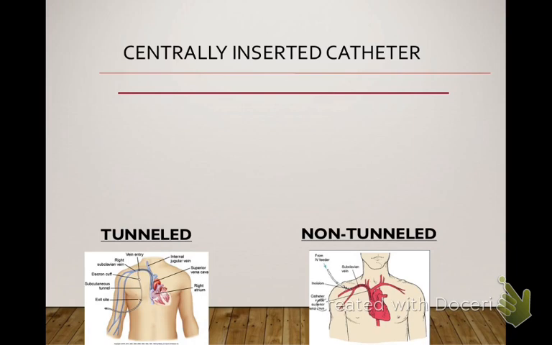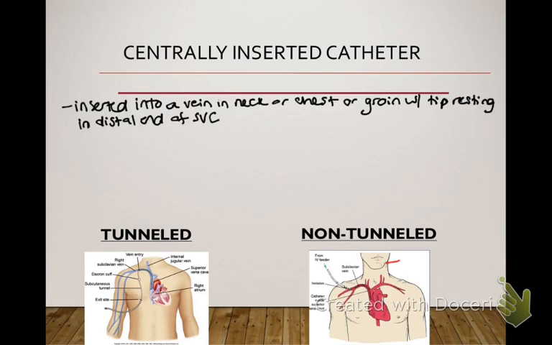So tunneled or non-tunneled. If it's tunneled, they typically start lower, and they tunnel it underneath the skin. They typically make 2 incisions, tunnel it, and then thread it into the superior vena cava.